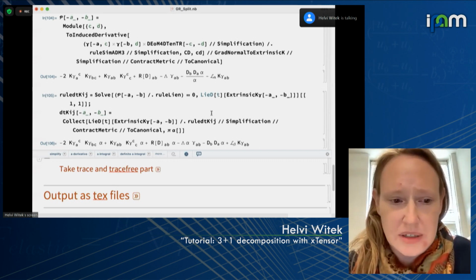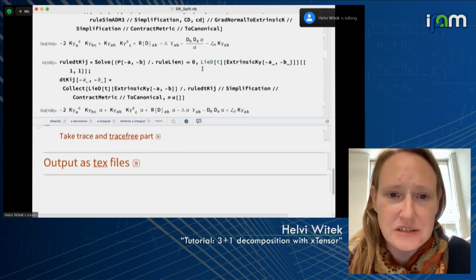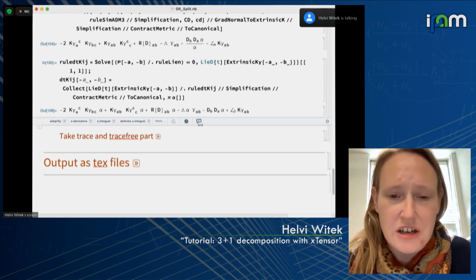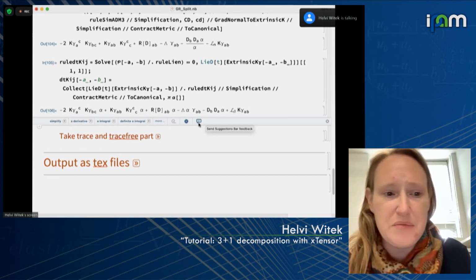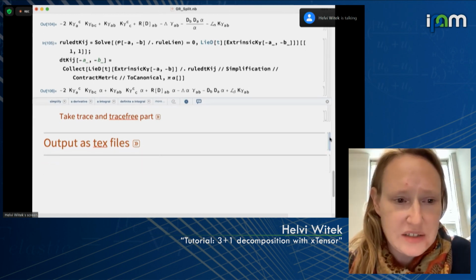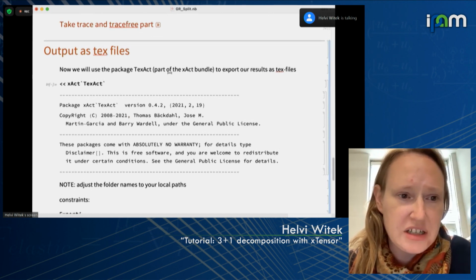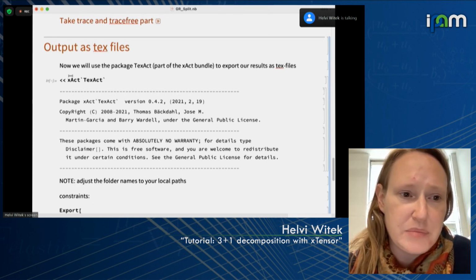One last thing that may be quite useful: if you have derived those equations, you may want to put them into a set of notes or a paper, so you can output them as TeX files. That's what we'll do in the last bit. We will load this package, also part of the xAct bundle.